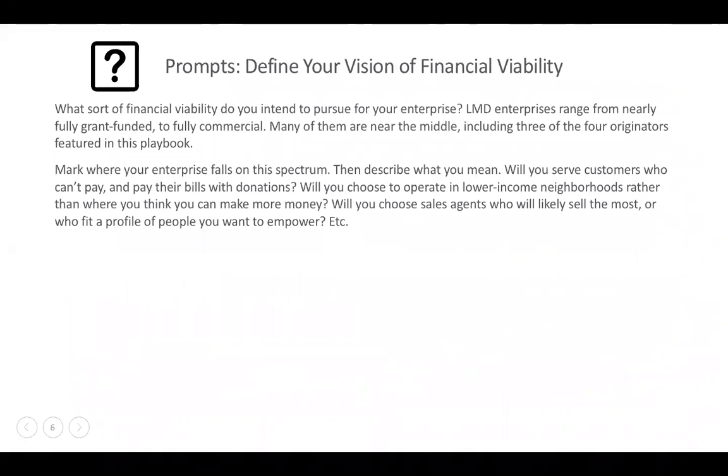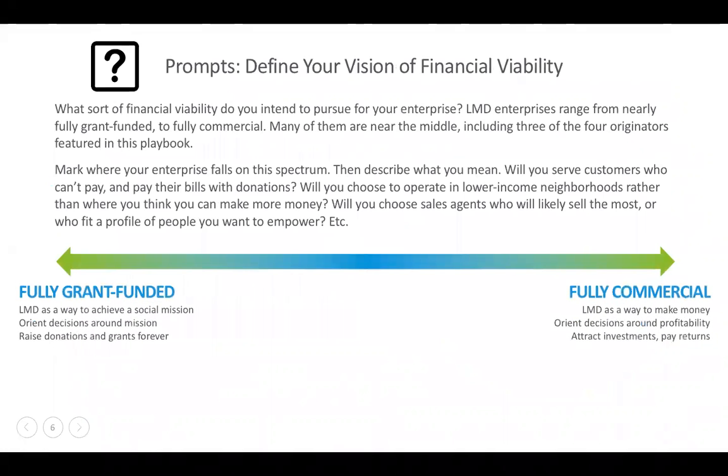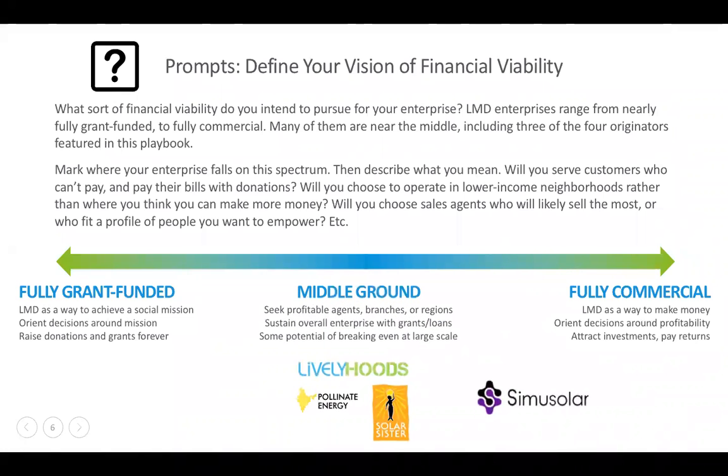So what sort of financial viability do you intend to pursue for your enterprise? LMD enterprises range from nearly fully grant-funded to fully commercial. Many of them are in the middle. When working with this slide in the deliverables deck, mark where your enterprise falls on this spectrum and then describe what you mean.